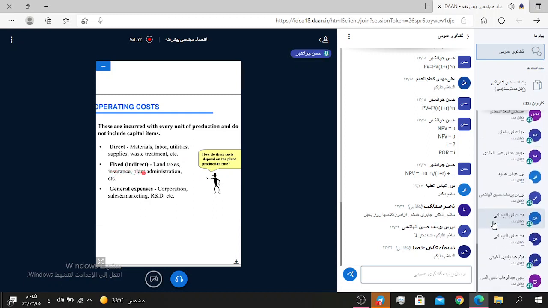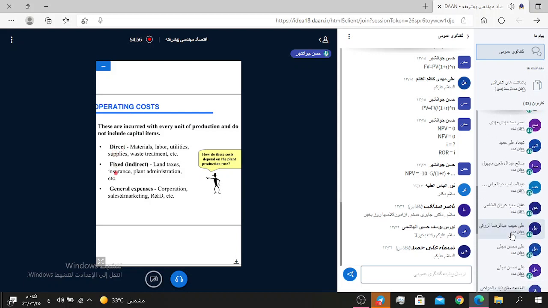Fixed, indirect operating cost: direct, indirect, or fixed, and general expense. Fixed is land taxes, insurance, plant administration, etc., paid for all of production.